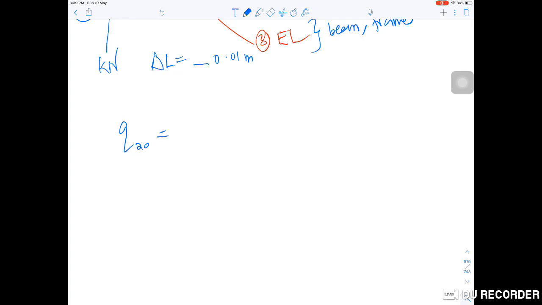Q1 naught and Q3 naught in this case are 0, because only member 2 gets the effect of fabrication error. Remember that we need to distribute this value into 4 values depending on the degrees of freedom: x, y near, x, y far. The unit must remain in kilonewton.